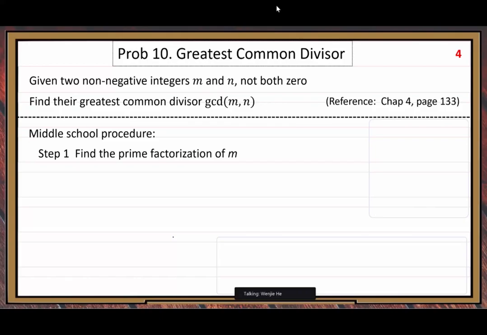So we apply prime factorization on the first parameter m. Step 2, we apply prime factorization on the second parameter n. After we do the prime factorization, we use the standard form.